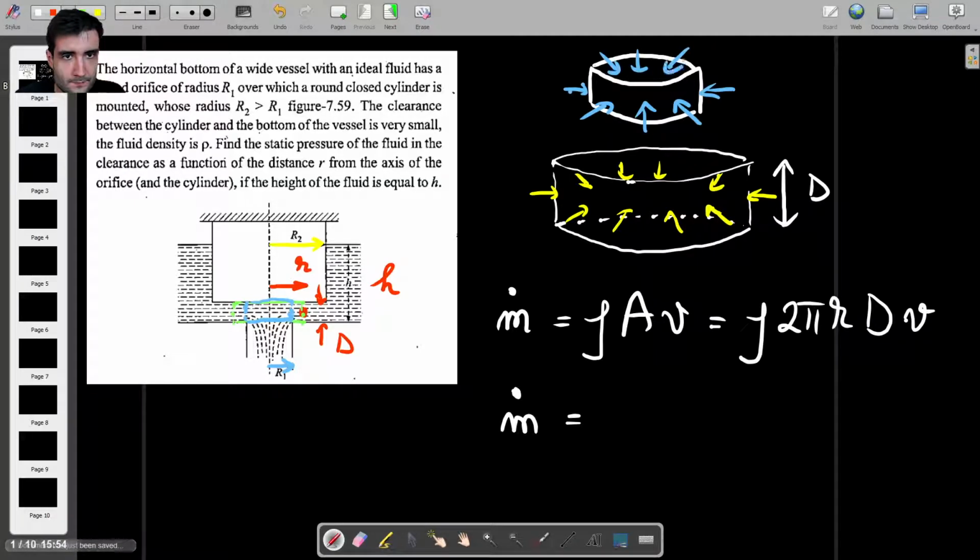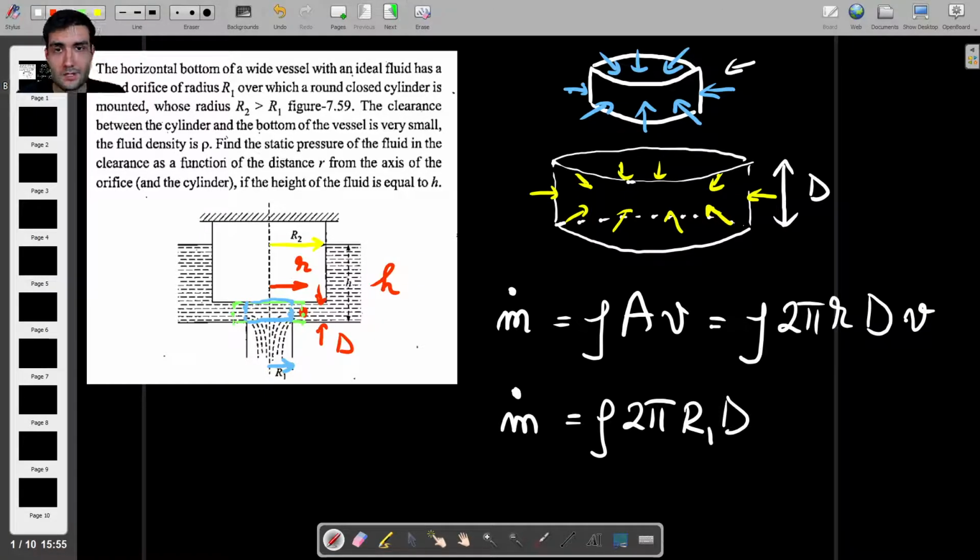So the mass flow rate, which is the same, is equal to rho multiplied by this new area, which is 2 pi times r1, because this blue cylinder has a radius of r1, multiplied by d.